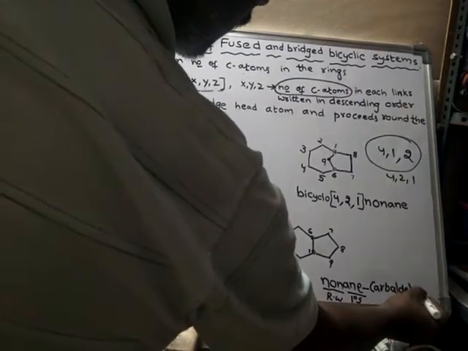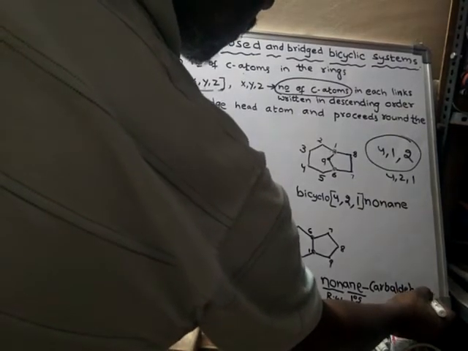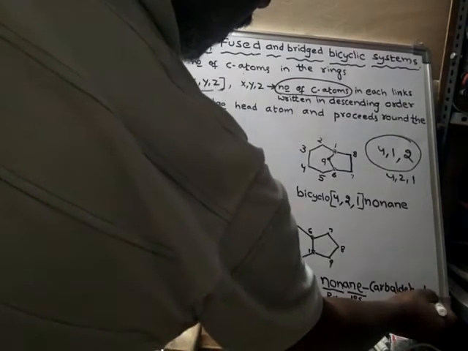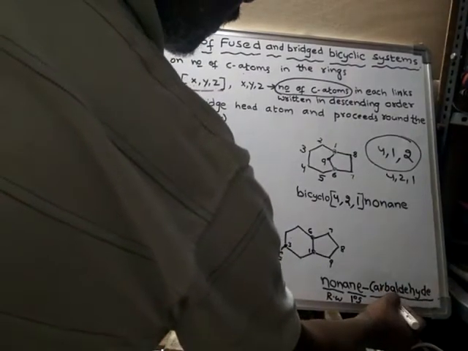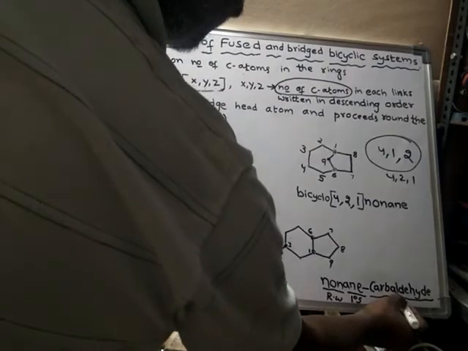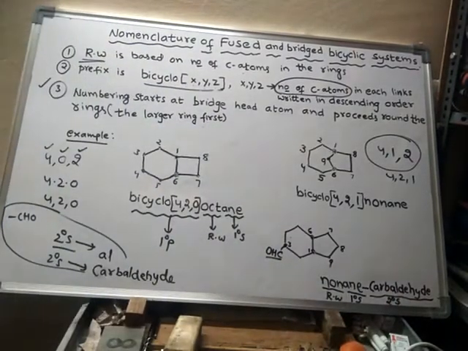The secondary suffix is named as carbaldehyde. So what is this one? Secondary suffix. The secondary suffix is carbaldehyde.